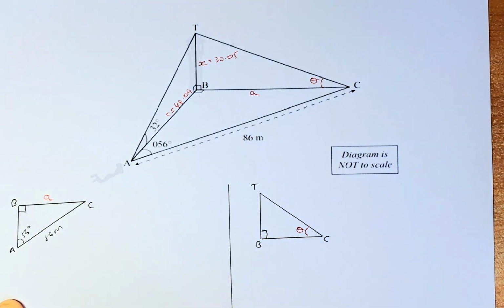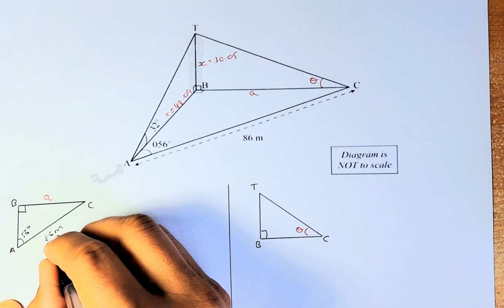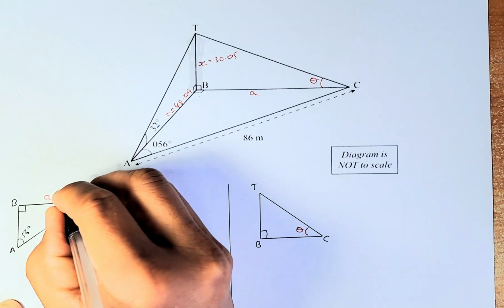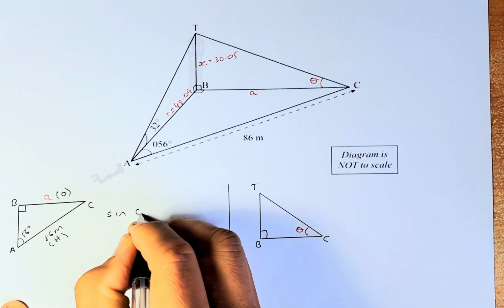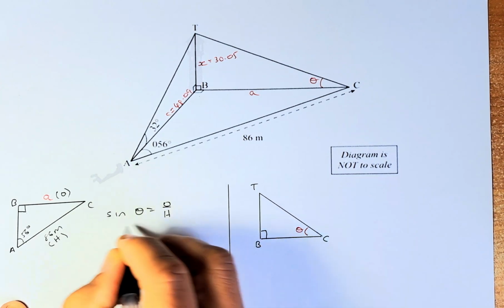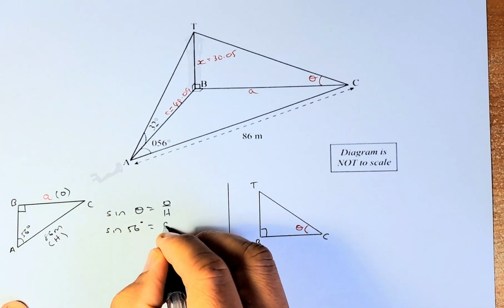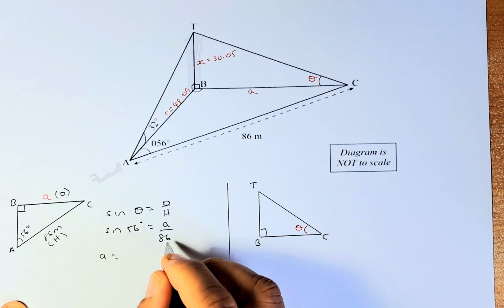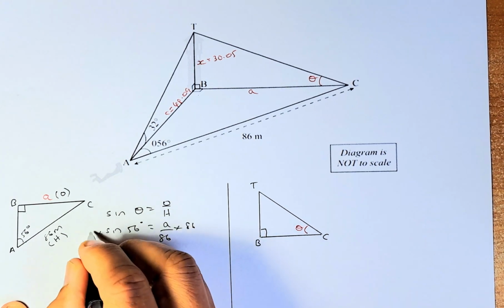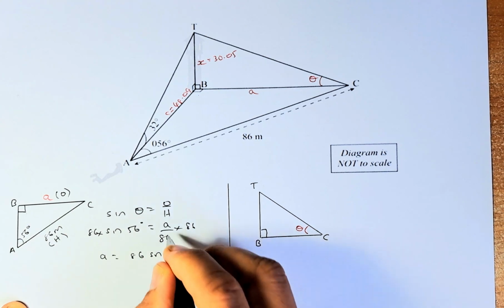The angle is here, 86 is the hypotenuse, and A is the opposite, so we use sine. Sine theta is O over H. Sine 56 equals the unknown A over 86. Multiply 86 on both sides, so A is equal to 86 sine 56.